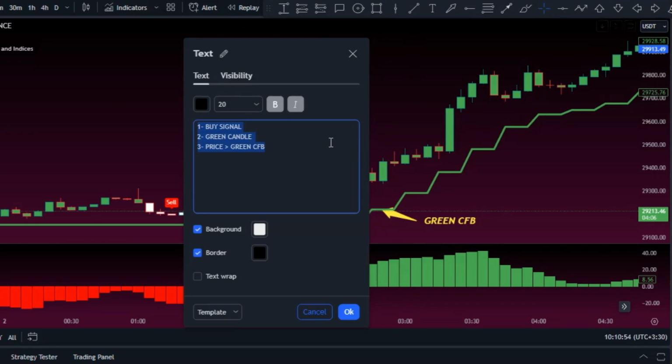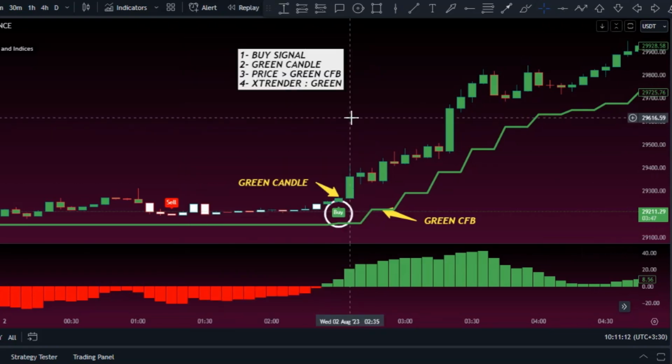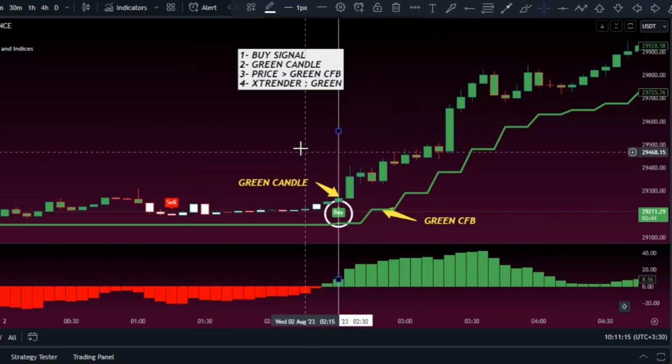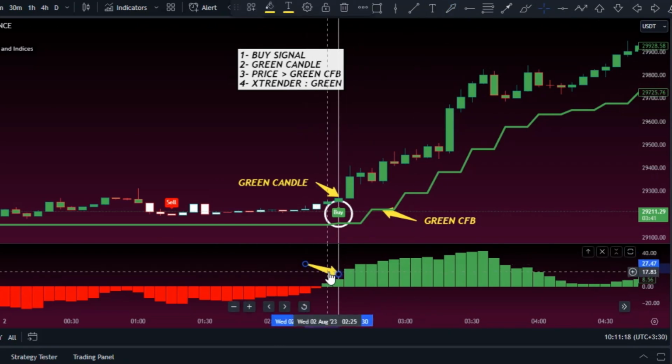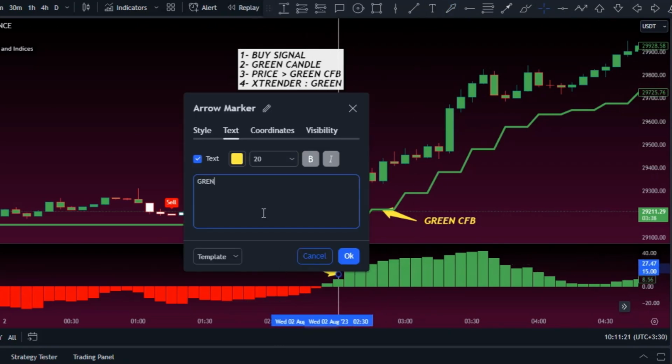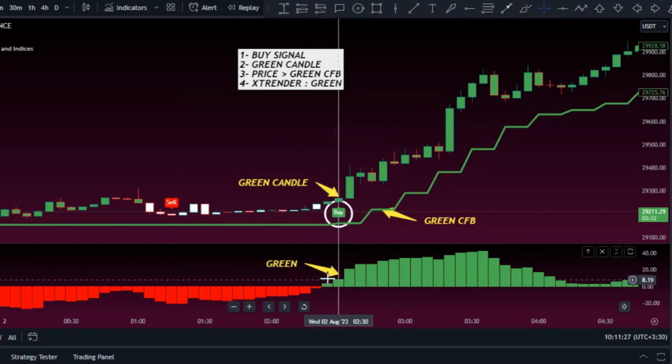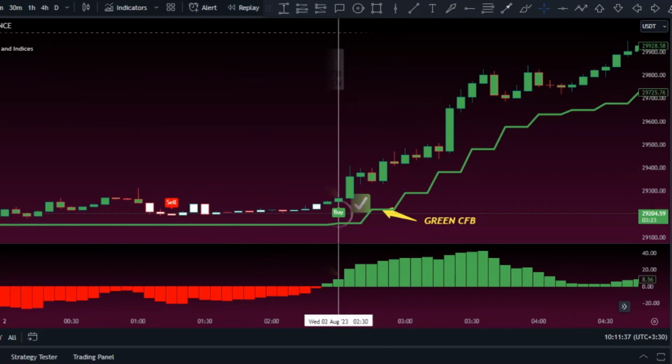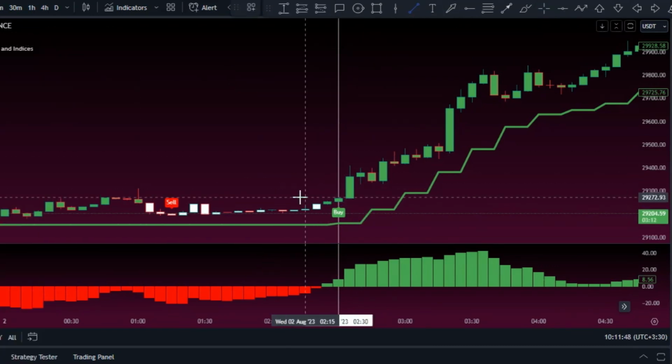And in the final step of confirming the signal, the histogram corresponding to the signal candle in the BBX Trender indicator needs to be green. So once those conditions are met, we can enter the trade when the signal candle closes.